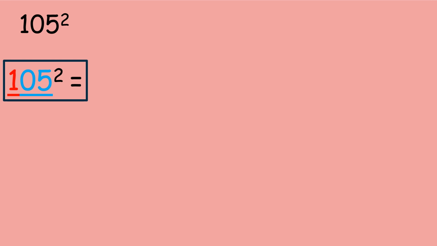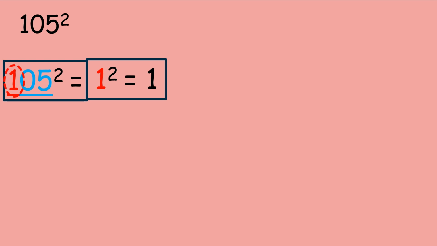So we have 1, and then we have 05, and that 05 is actually equal to 5. Now, in order for us to get the first term, we will square the 1. 1 squared is equal to 1. So that gives us the first term.